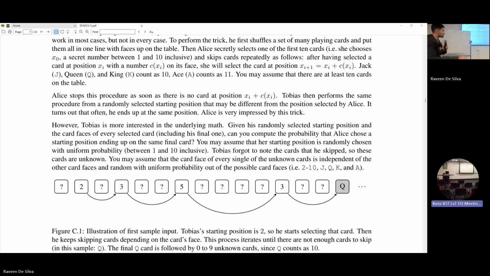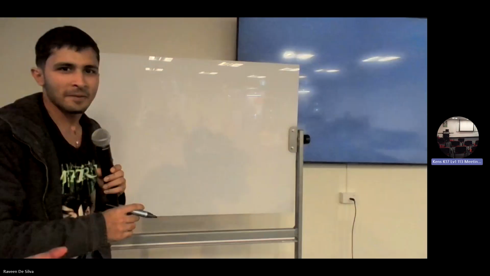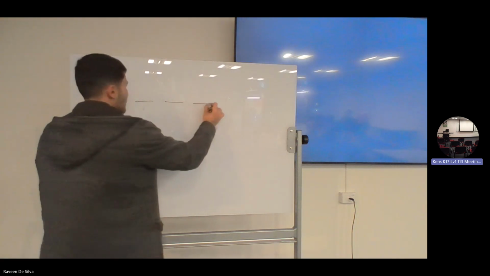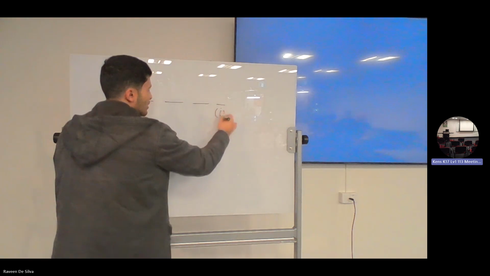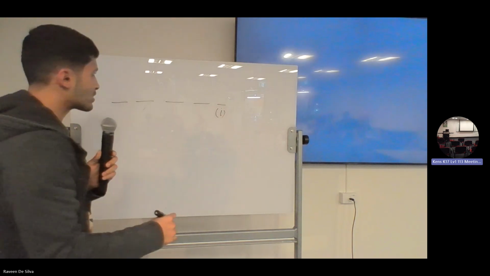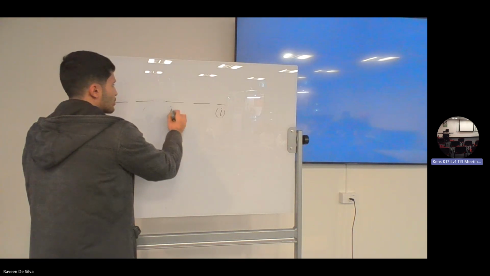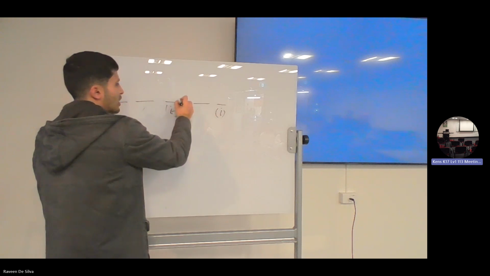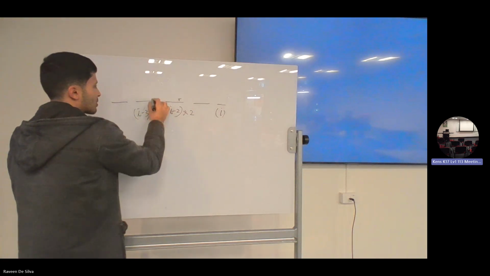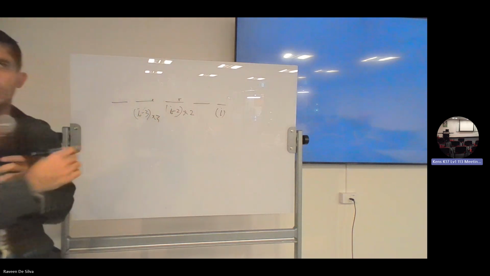And yeah, the way I did it was just a DP. You have dp of I, which represents the probability of reaching this node, and the probability of reaching this node is the probability of reaching I minus 2 times the probability that this card here has a value of 2, plus the probability of reaching I minus 3 times the probability that this card here is a 3, and so on, all the way to 11.